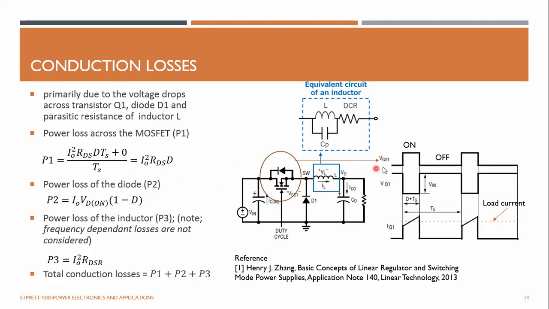You can see when the power switch is turned on, the switch current is increasing, and when the switch is off, the switch current becomes zero. This is the average current, which is the load current, which goes through the inductor.